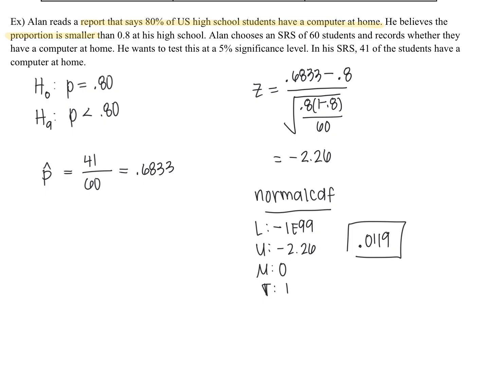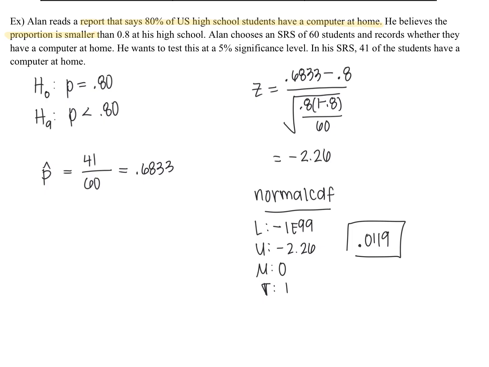Once we have calculated our probability, we now compare it to our alpha. So this is our p-value. It equals 0.0119, which is less than our alpha, which is 0.05.